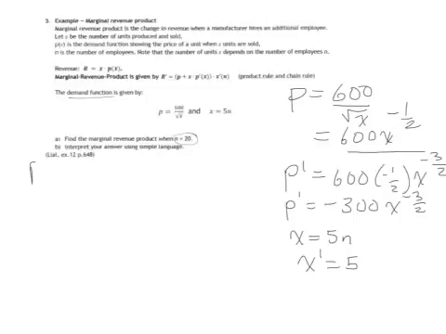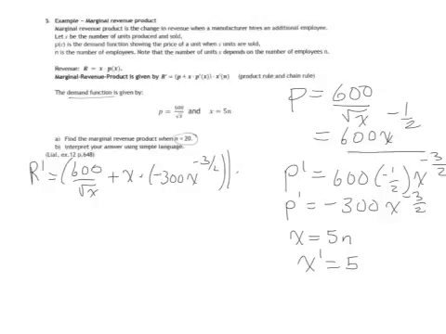So we have R prime is going to equal, big bracket, P, which is 600 over root X, just taking that from the information we're given, plus X times P prime at X, which we know is negative 300 X to the negative 3/2, and all of that is multiplied by X prime, okay, that's 5.